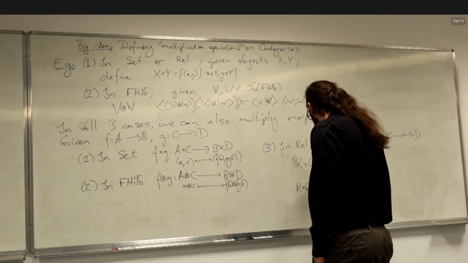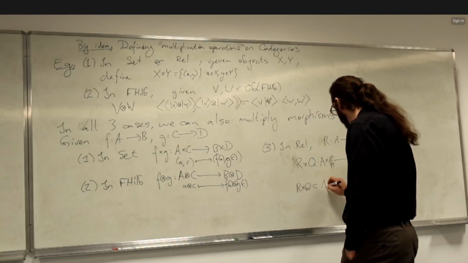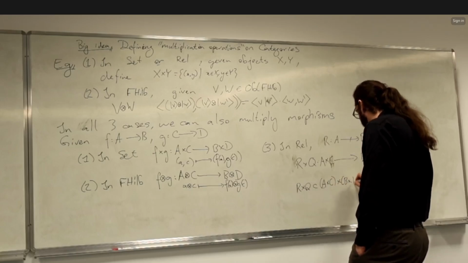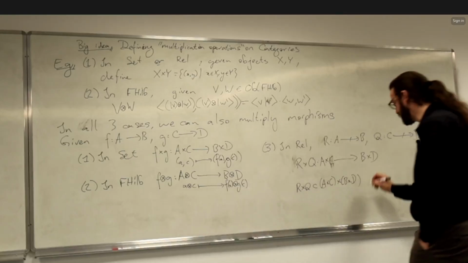R times Q will have to be a subset of A times C times B times D. So what is this subset?